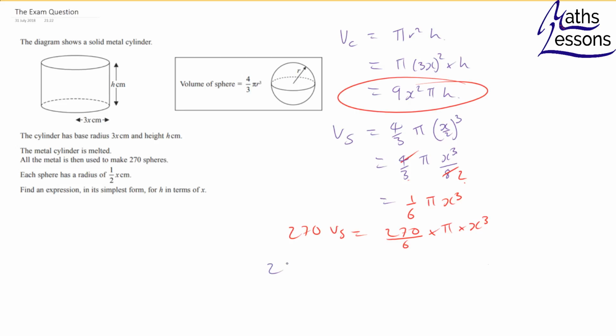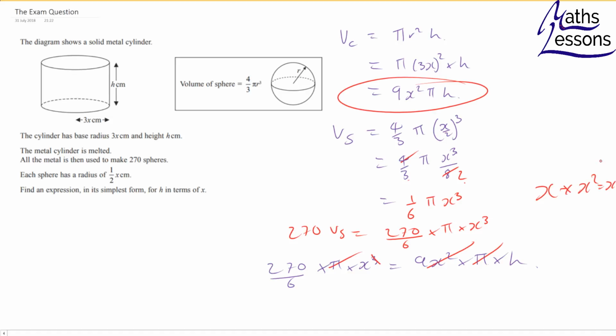So we get 270 over 6 times pi times x cubed equal to 9x squared times the height. Straight away we can cancel out the pi's. We can also cancel out the x squared, and just leave x here, because x times x squared equals x cubed. So we've got 9 and h.